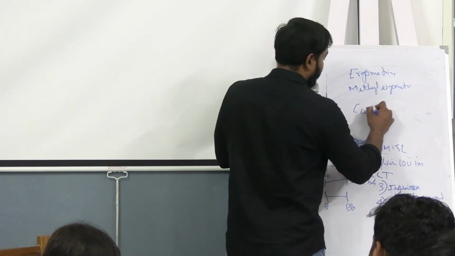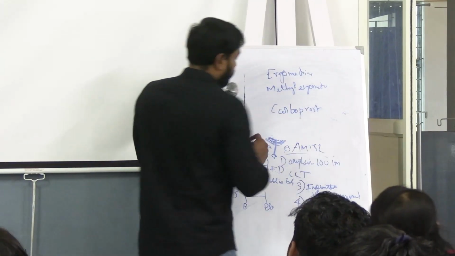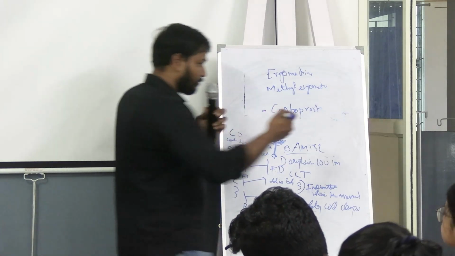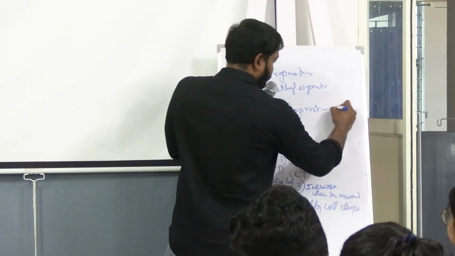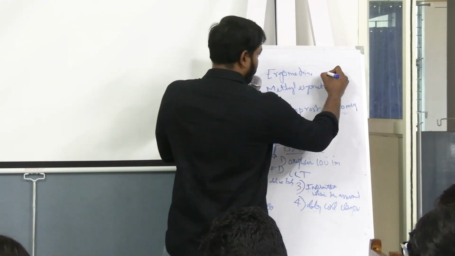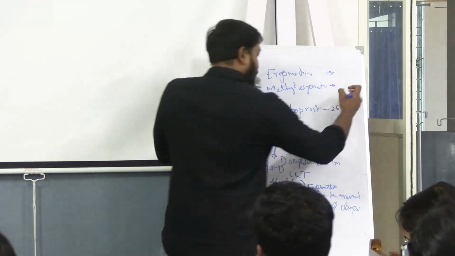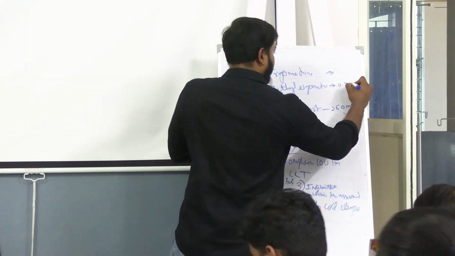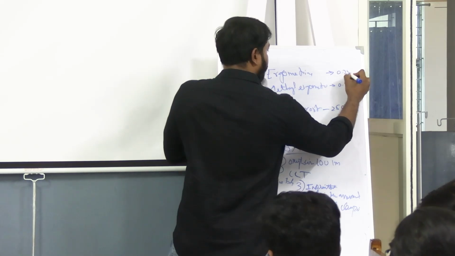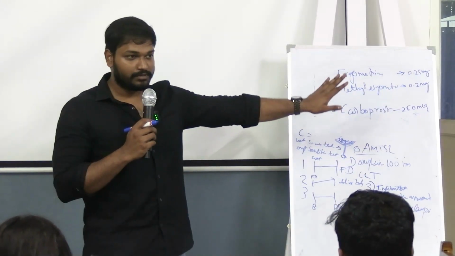Then carboprost, I am saying here, just know the dose. Carboprost is a prostaglandin, we will see it next. The dose of carboprost is 250 microgram. The dose of methylergometrine, what we use here, is 0.2 milligram. You have to know these three doses, then oxytocin.